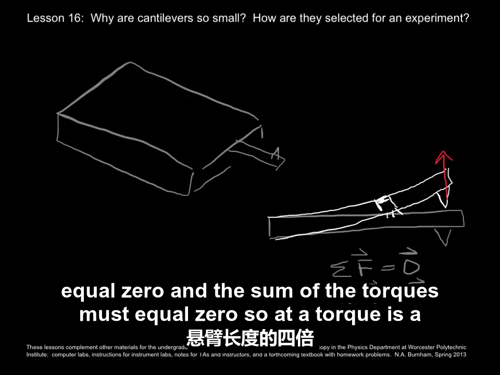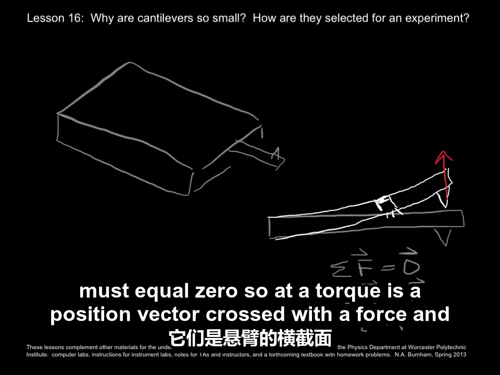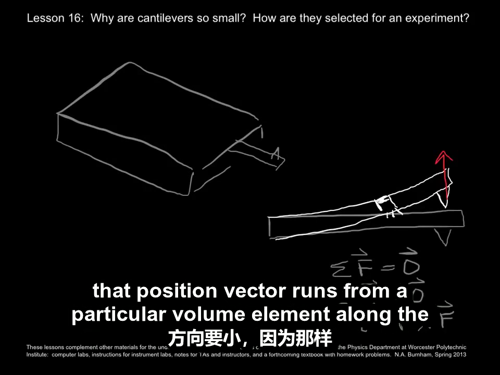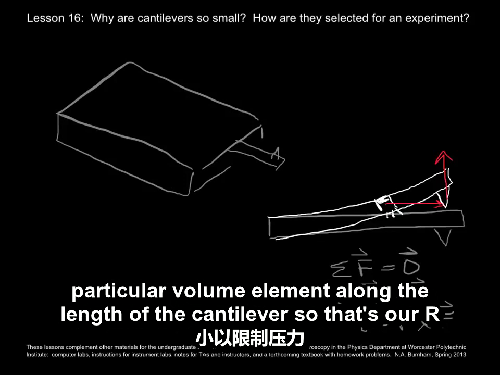A torque is a position vector crossed with a force. And that position vector runs from a particular volume element along the length of the cantilever.